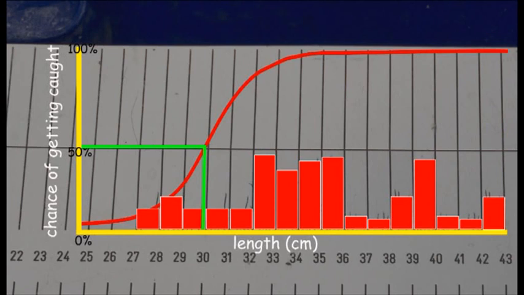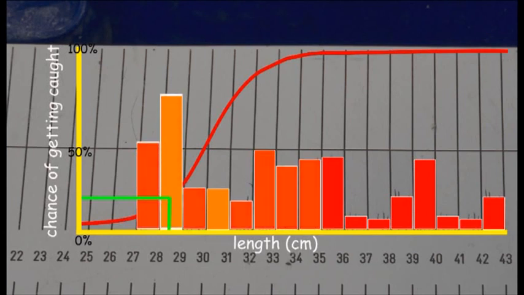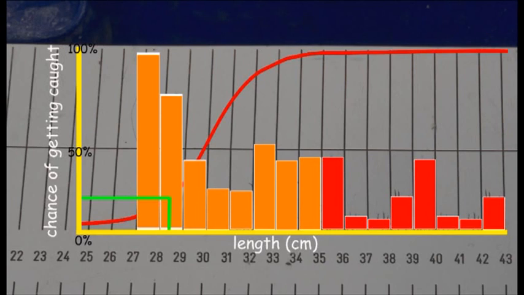If only 50% are caught, then it means the real population is double that. So we double it. For fish of 28 centimetres, you can see that only 25% get caught. The real population then must be 4 times this. We can do this for fish of all sizes, and what we end up with is a good understanding of the fish population length frequency.